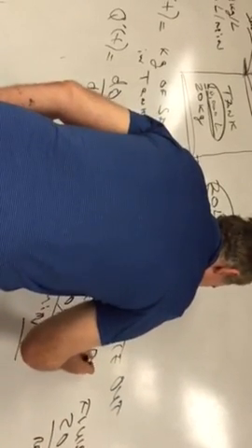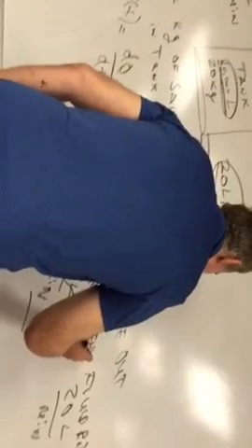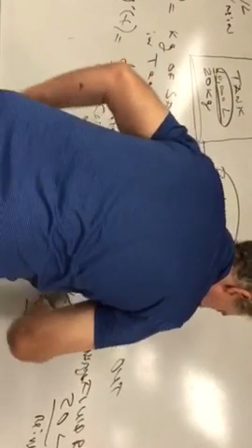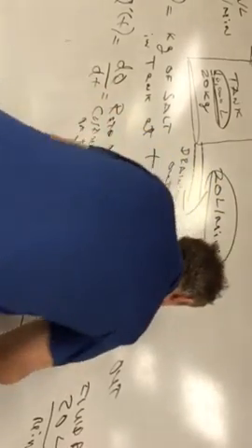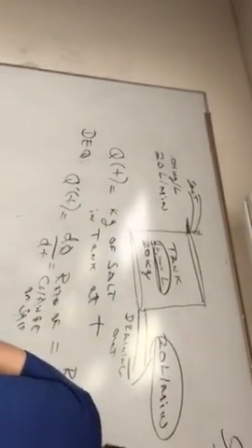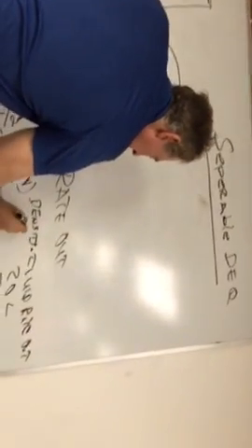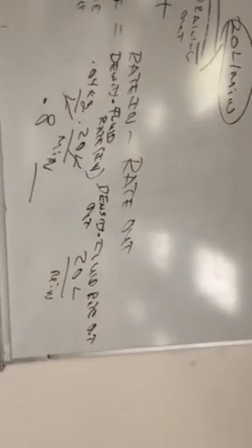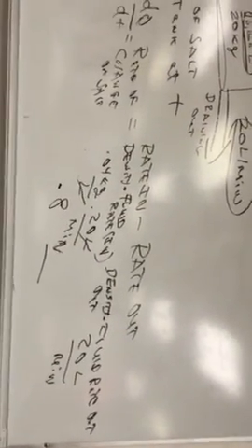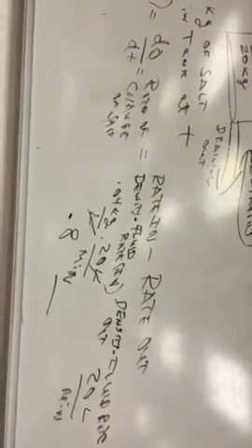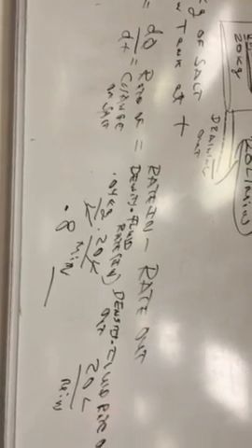But what's the density coming out? That's the question. How do you figure that out? Mass divided by volume. What is the density coming out?